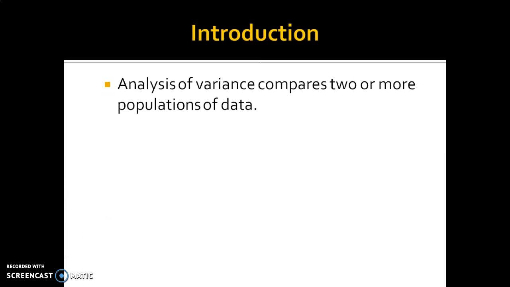Now friends, analysis of variance compares the two or more populations of data. As I have already told you, whenever there is a comparison, the comparison needs to be done between two or more series. With just the help of one series, the comparison cannot be done. So we need to have at least two or three or more than two series.